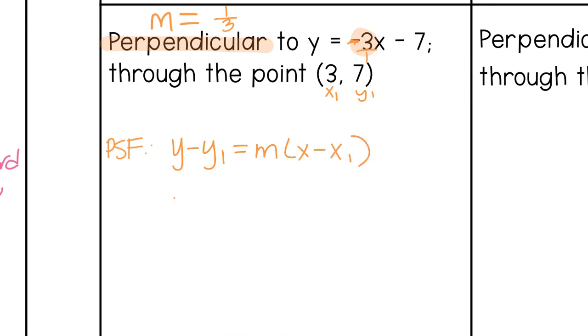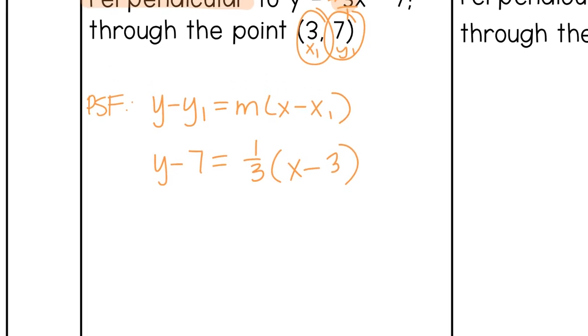Let's fill it in. So y minus, our y1 is 7, equals m, and we're using 1/3, x minus x1 was 3. Now let's multiply that fraction into the parentheses. Let's distribute. y minus 7 is equal to 1/3 x minus 1.